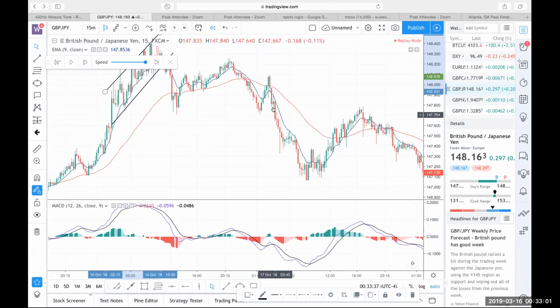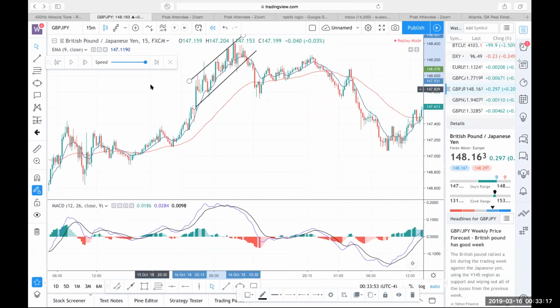Even if you go on the left there, on the first impulse, on the ascending channel up, right there. So you see, that's why it's a second ascending channel, because your EMAs didn't cross yet.